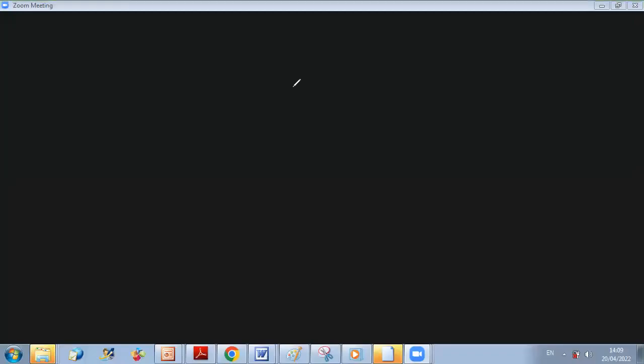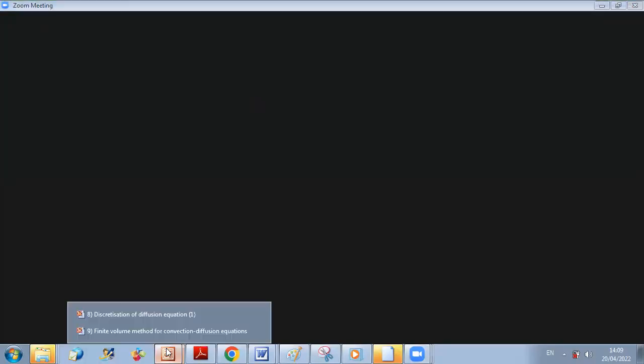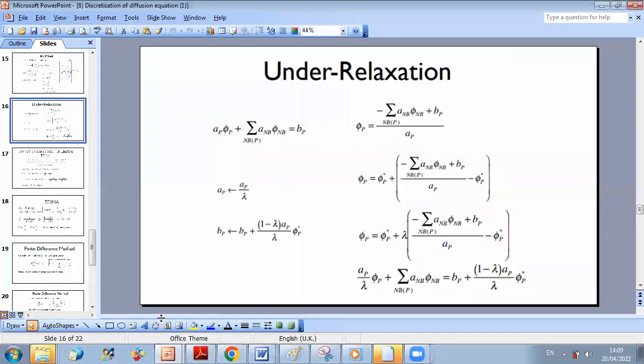So yesterday we were working on the under relaxation expression, and we have seen that in under relaxation, the idea is to not take the whole updated value of phi. If I solve normally, phi p new value will be calculated as minus summation of a neighbors times phi neighbors plus bp over ap.